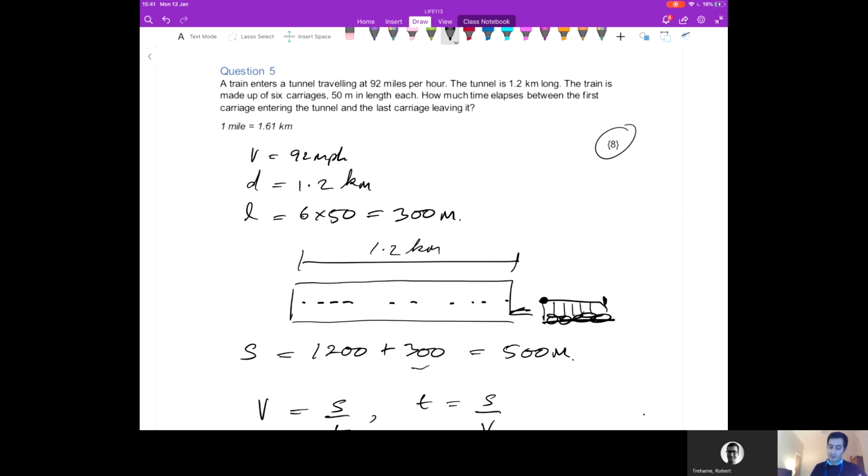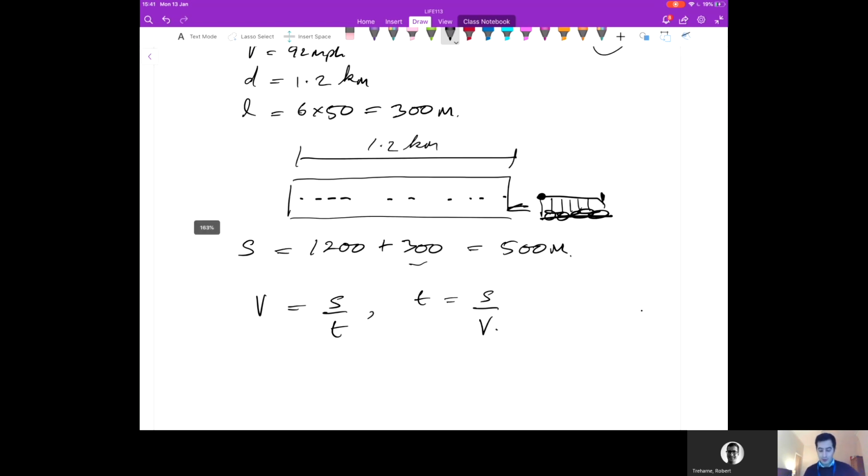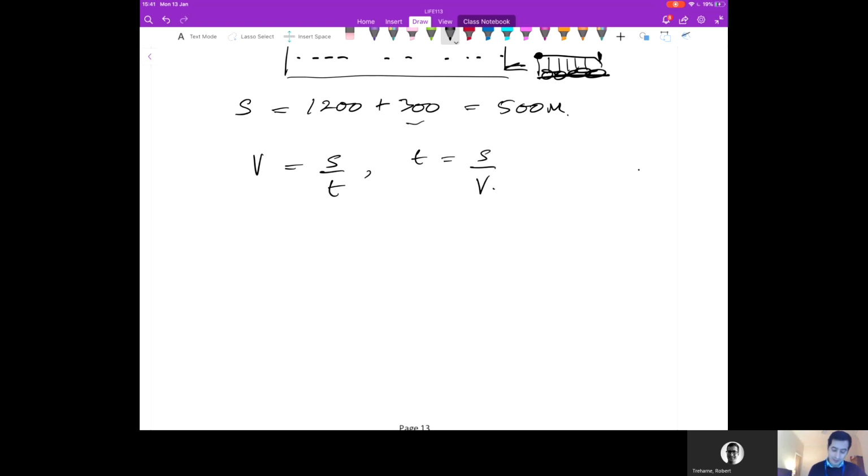It's traveling at 92 miles per hour. You're going to need to convert that to meters per second. Let's do that first, right? Convert V into meters per second. Right, how do we do that? Well, you've got 92 miles per hour.